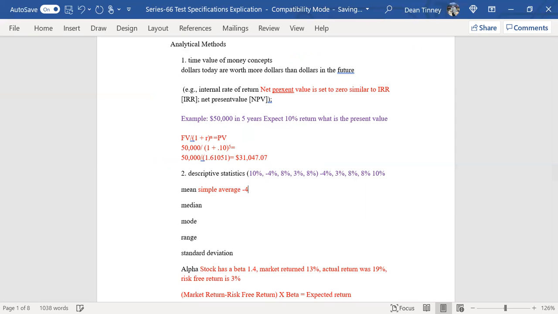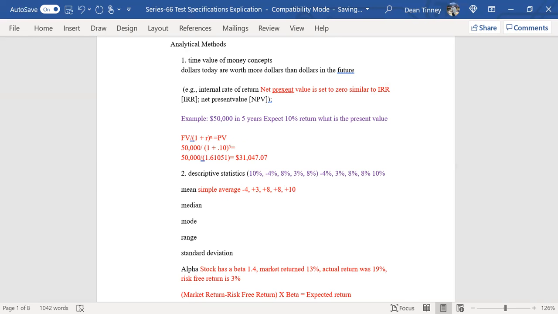So negative 4, plus 3, plus 8, plus 8, plus 10.